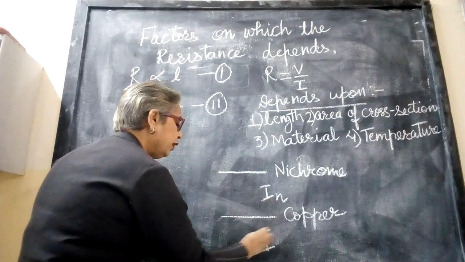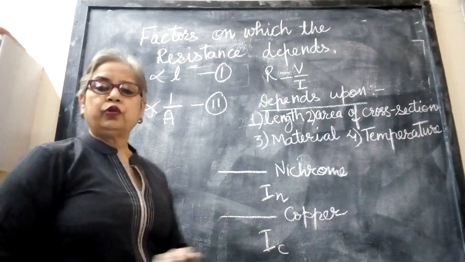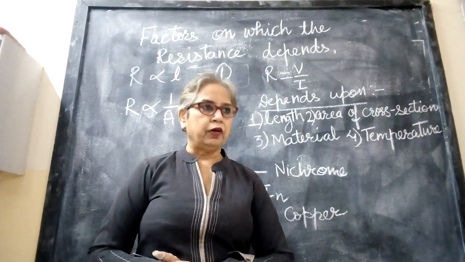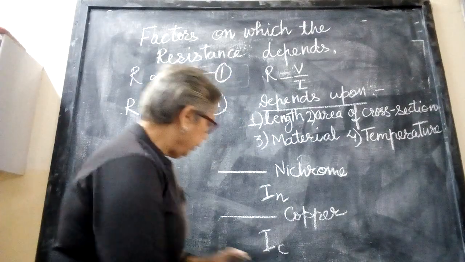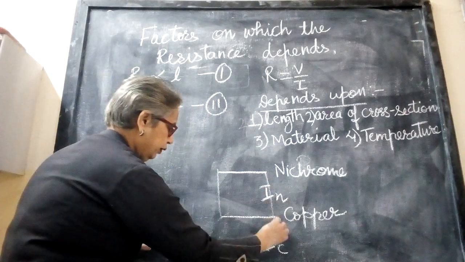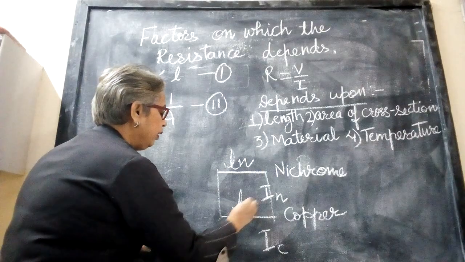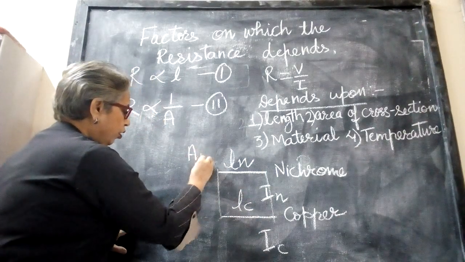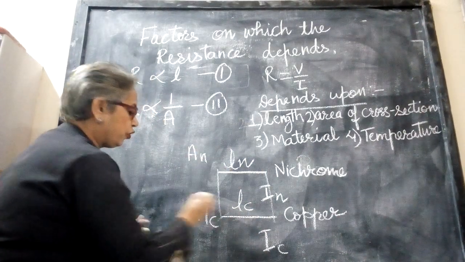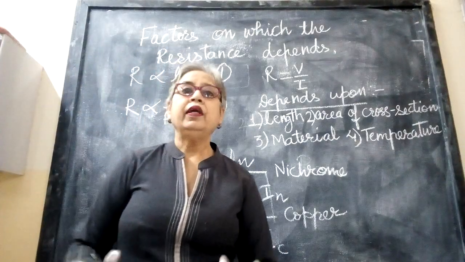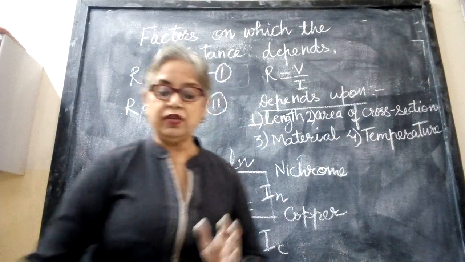And let us say IC is the amount of current flowing in copper wire, provided the lengths LN and LC and areas of nichrome and copper are same, temperature is also same.